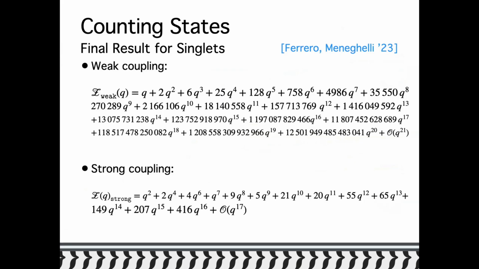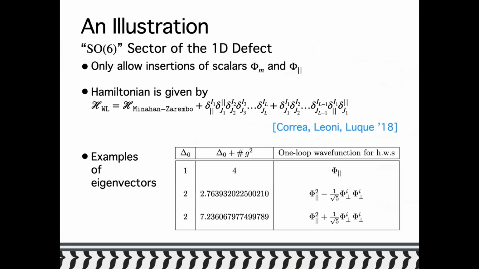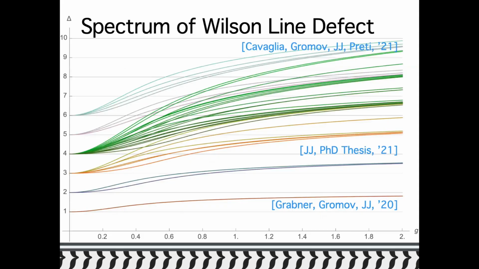It has one state with dimension 1, 2 with dimension 2, 6 with 3, 25 with 4, etc. And then the right side is the equation at the bottom here. And we can see that indeed the states are mapping. The partition functions at weak and strong coupling, you can literally take the states at weak coupling and map them to strong coupling.